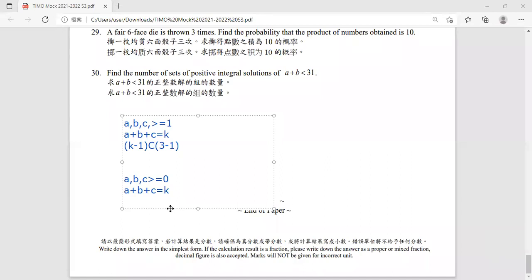So that will be K plus 2 C 2. So you have to adjust the number first and then use the solution. Adjust the number first. Go to the basic.